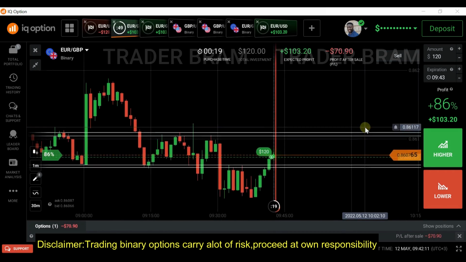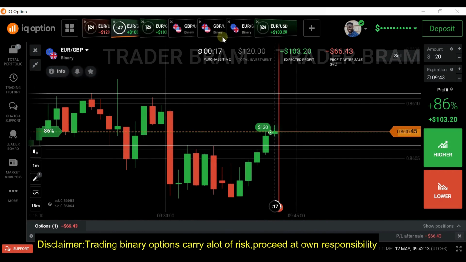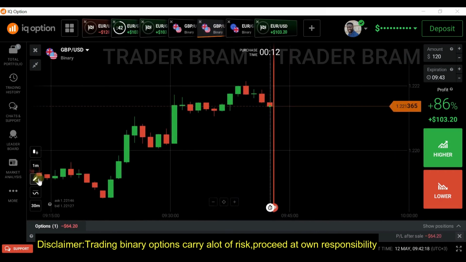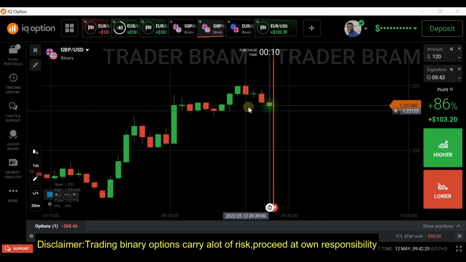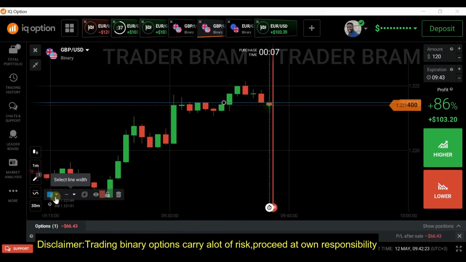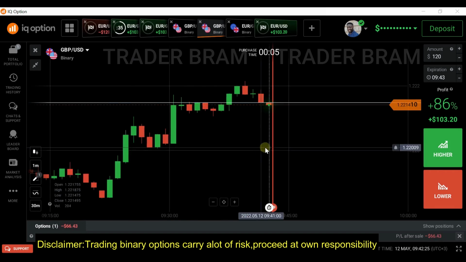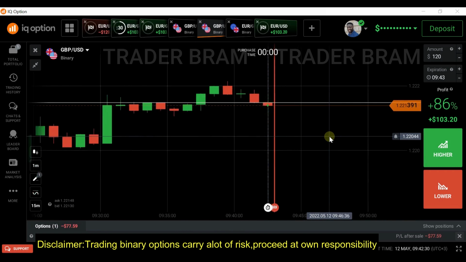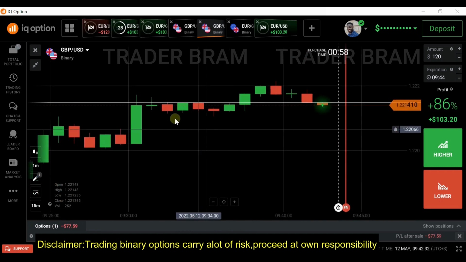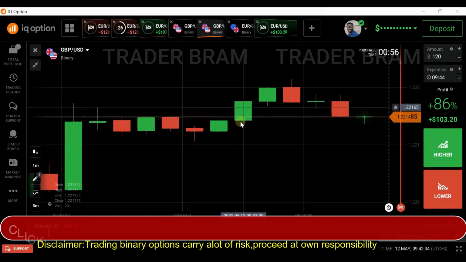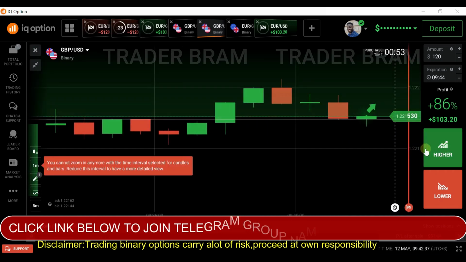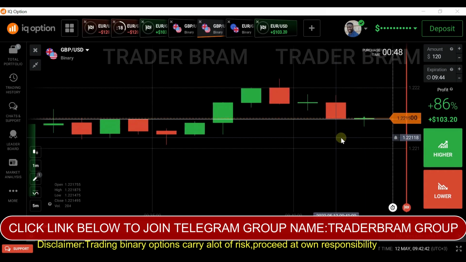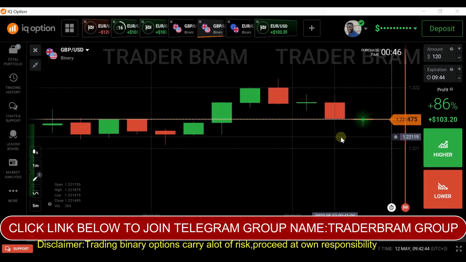So I don't see any area near. Here we have a level of support and resistance. So when you check clearly, we had some rejections here before the market could break this area. So let's see if the market can reverse from the same area.